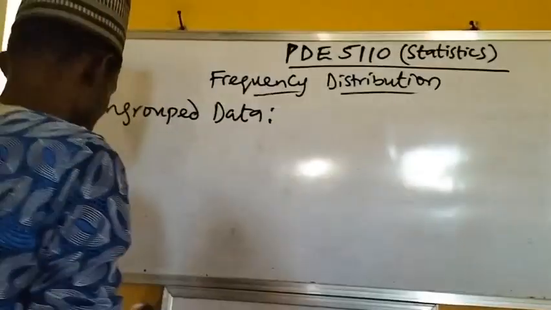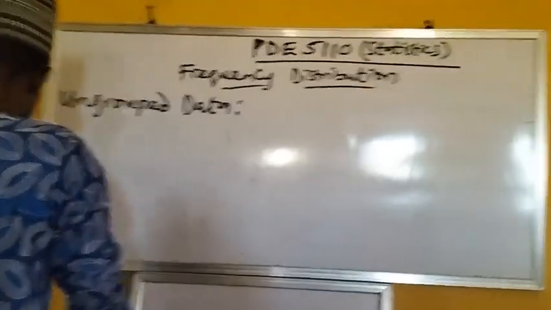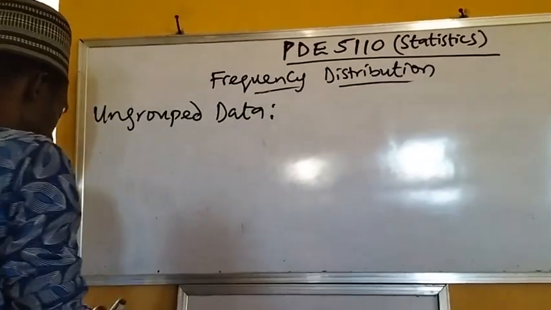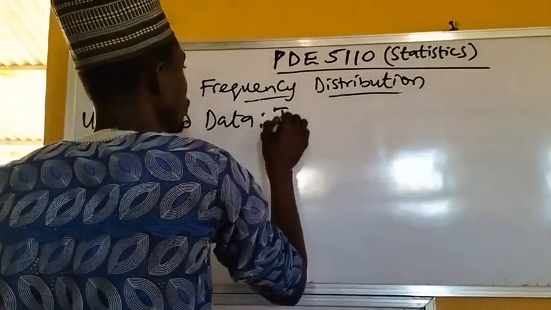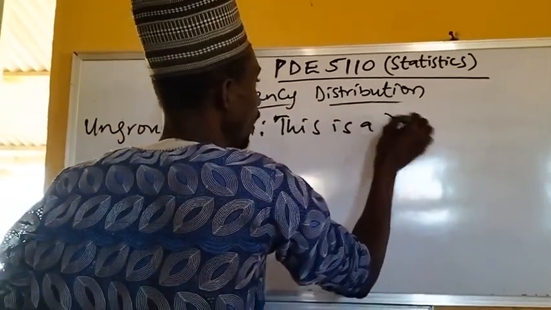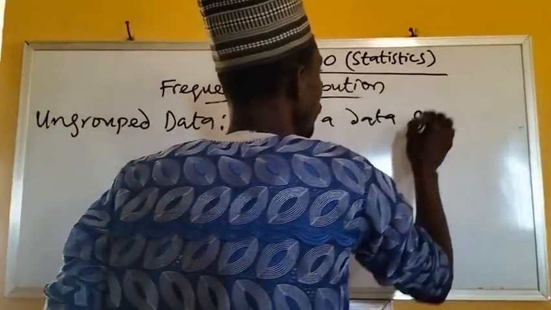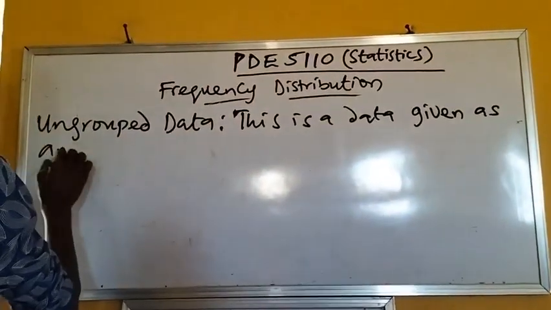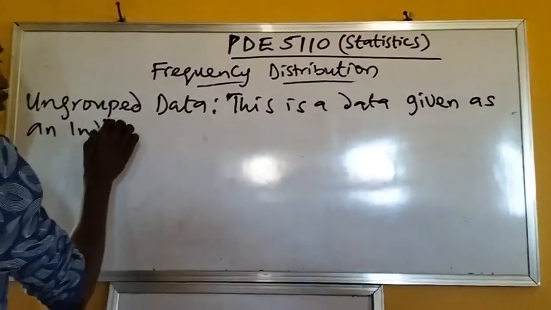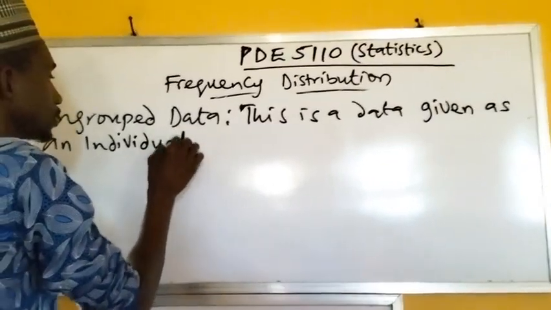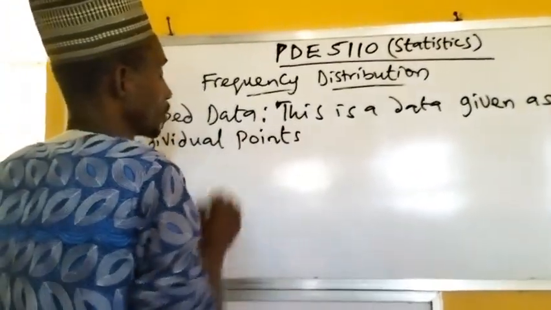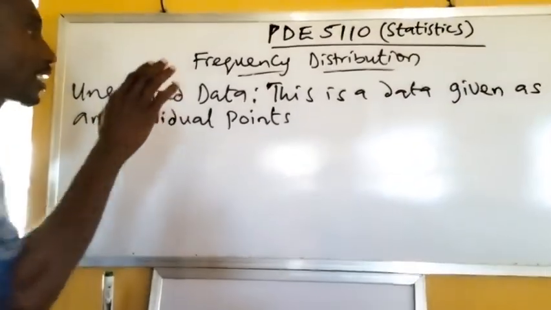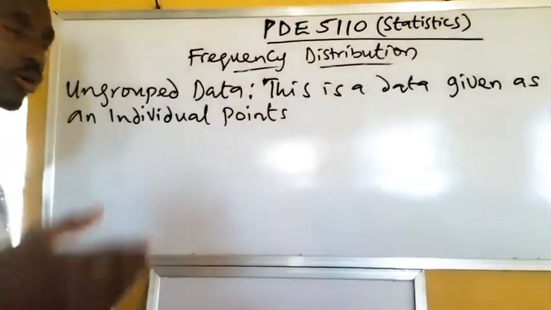Now, with the definition, I want to write what an ungrouped data is all about. This is data given as individual points, that is, they are yet to be classified into classes or categories.